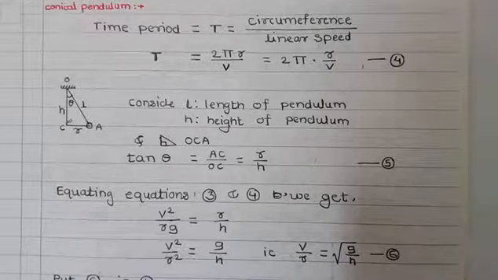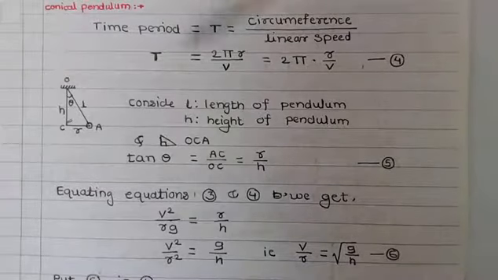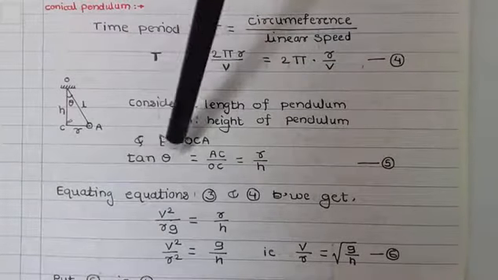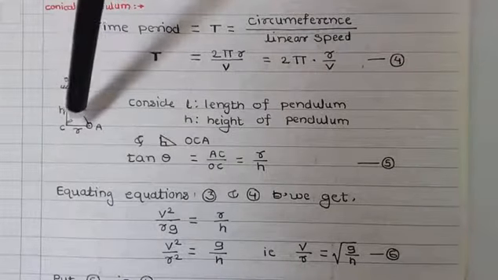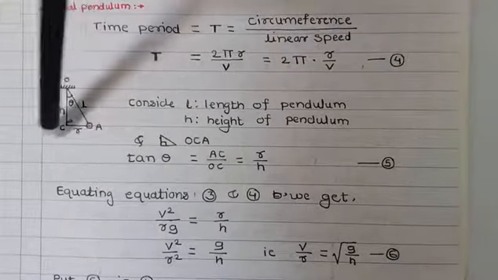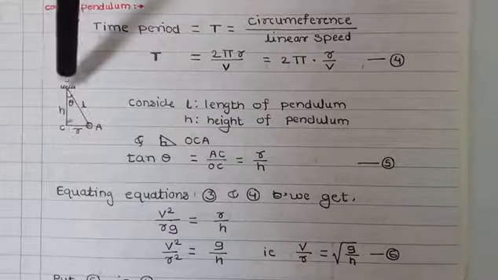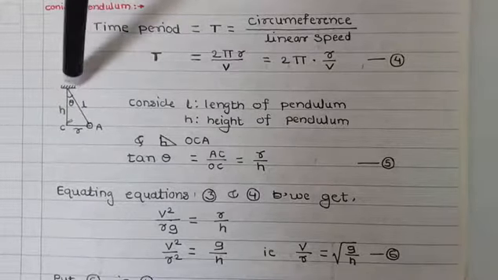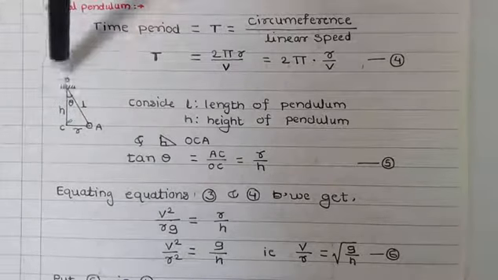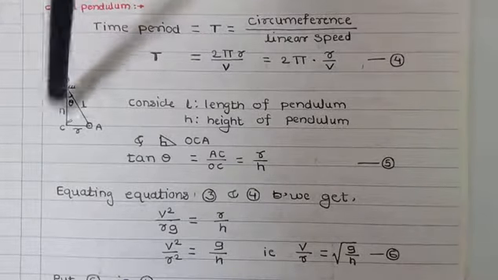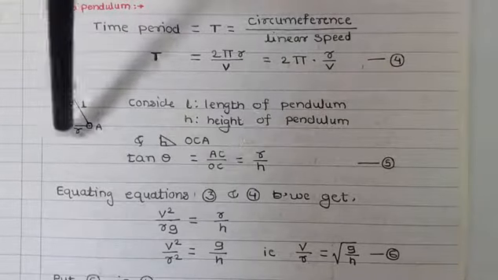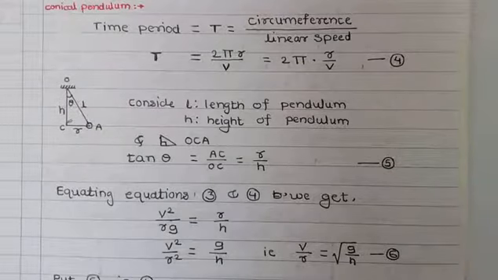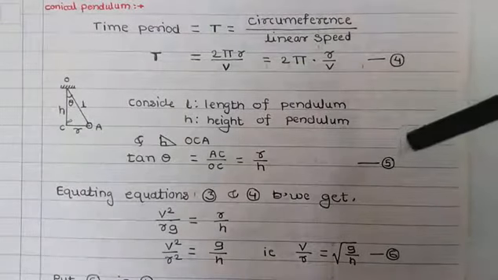From this diagram, by using simple trigonometry, we say that tan theta is equal to AC upon OC. Tan theta is equal to opposite side AC upon adjacent side OC. Hence tan theta is equal to AC upon OC, which is equal to R upon H. This is equation number 5.